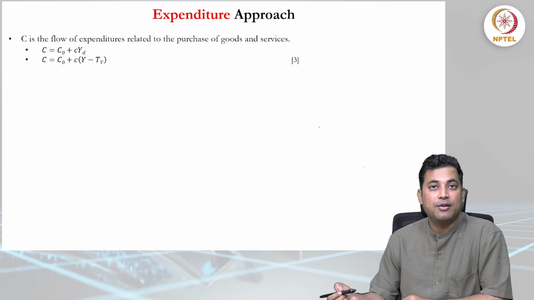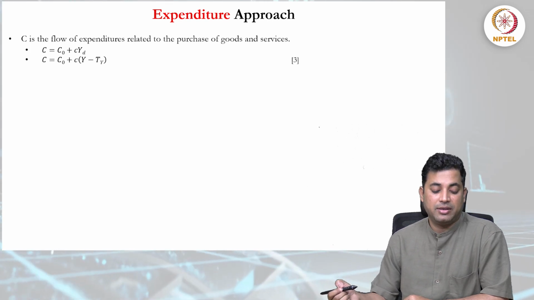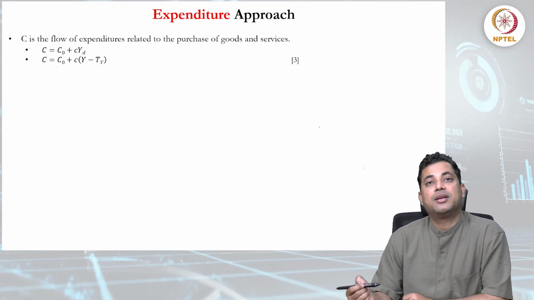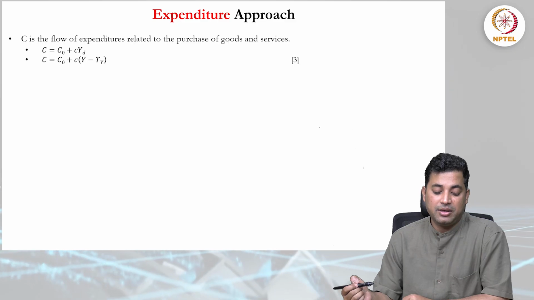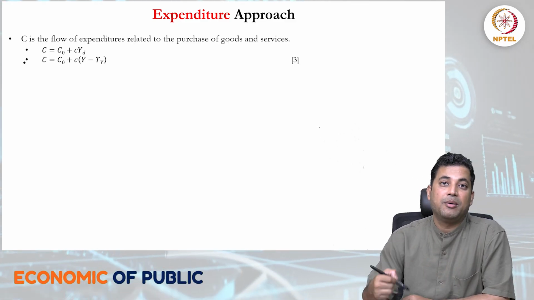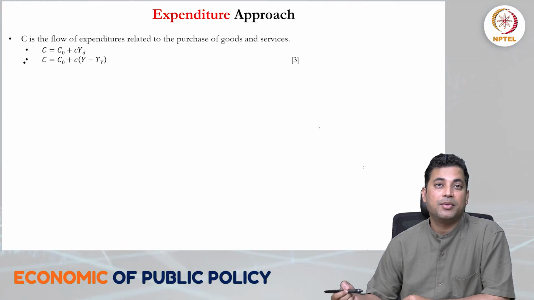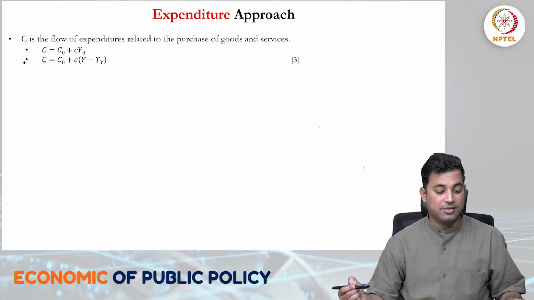If you deduct that from the gross income, you get the disposable income, and then C, the total consumption, is proportionately related to disposable income. So we are trying to break down all the broad indicators from the grand macroeconomic equations.